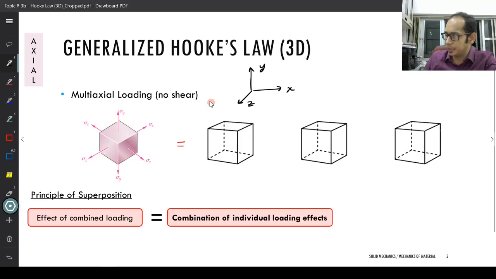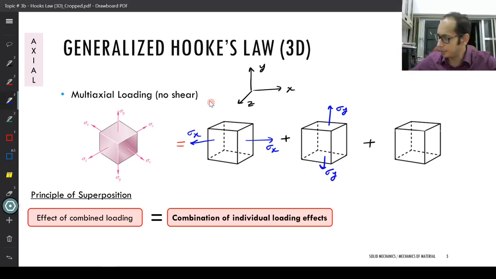If I'm expressing it like this, I can express this combined loading as simply sigma x over here, right? Plus I am going to apply my sigma y, right, plus the third one, the only one that is left, that is my sigma z.